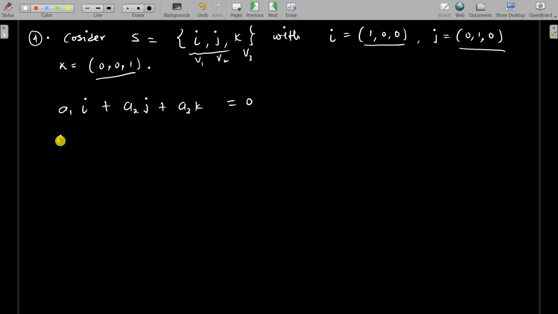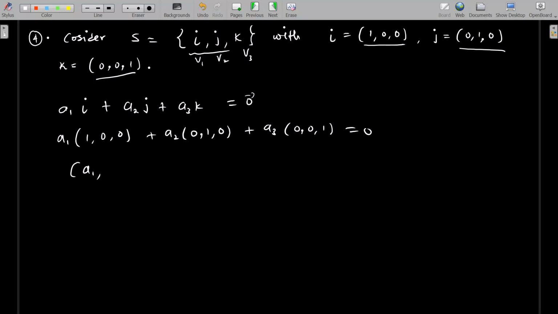So a1 times i is 1 0 0, plus a2 times 0 1 0, plus a3 times 0 0 1, equals 0. If I multiply everything, I'm going to have a1 here. I forgot to mention that this 0 is the 0 vector; it depends on what kind of vector space you are in. Here, this is in R3, the three-dimensional vector space.